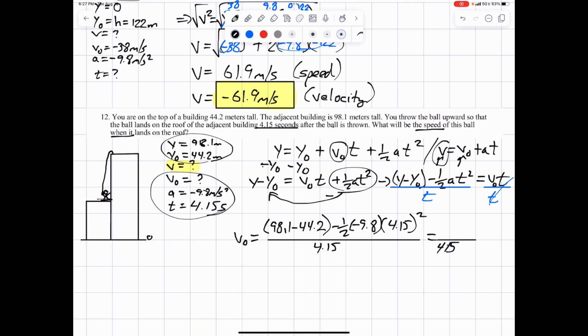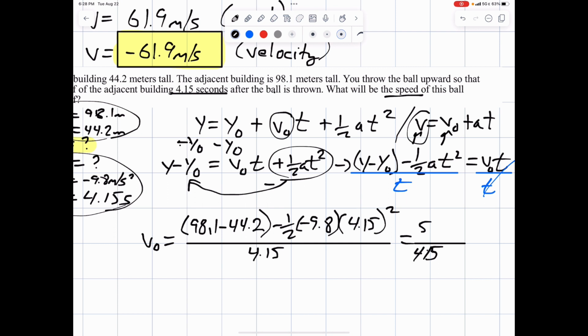So the first part, let's subtract those. 98.1 minus 44.2 equals 53.9. Minus a minus is going to be a plus.